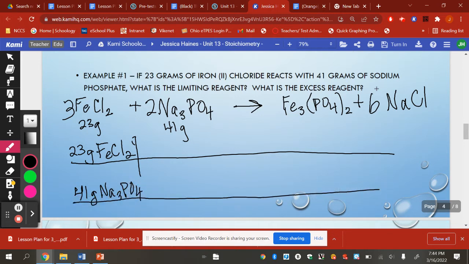All right. Now, what we do is we build to the same product. So we have, of course, iron 2 phosphate, and we have sodium chloride. If it does not specify in the problem which product you build your bridge to, sometimes the problem says how much sodium chloride is produced, so you would just go to the sodium chloride.